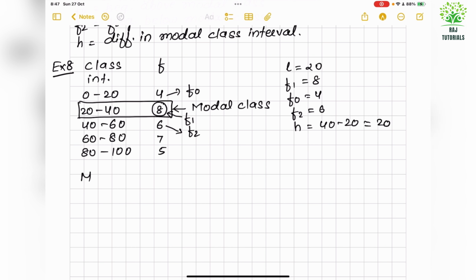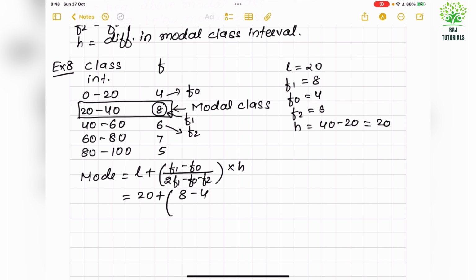So now let me use the formula: mode equal to L plus F1 minus F0 upon 2 F1 minus F0 minus F2 into H. So L is here 20 plus F1 is 8 minus 4 upon 2 into 8 minus 4 minus 6 into 20. So if I solve this, 8 minus 4 will be 4 upon 16 minus 10 into 20.